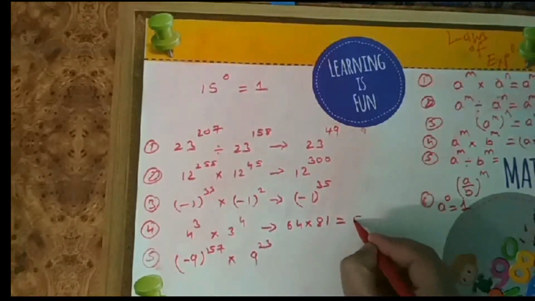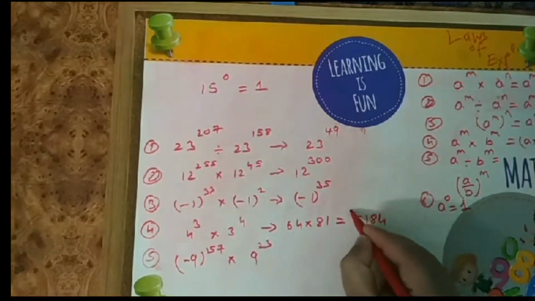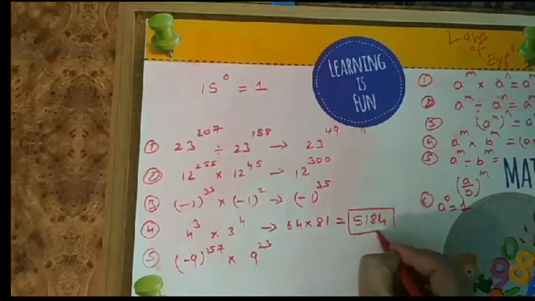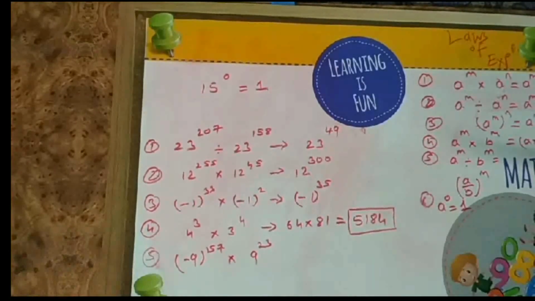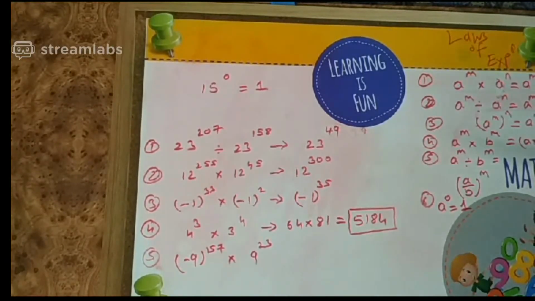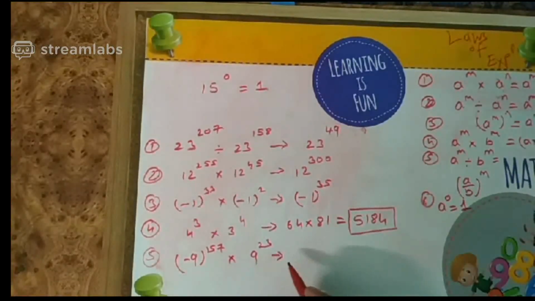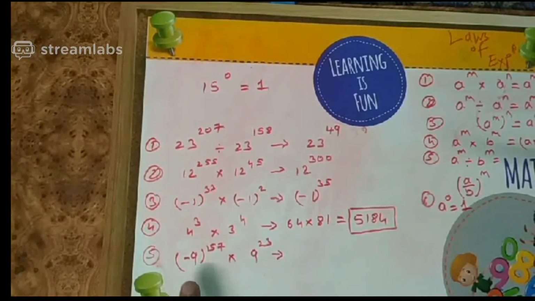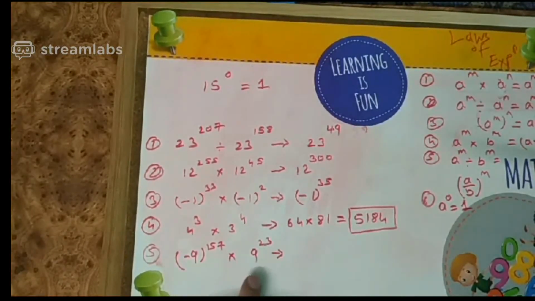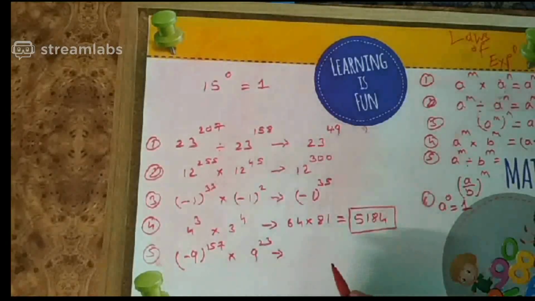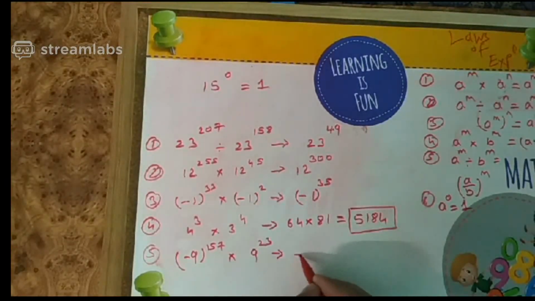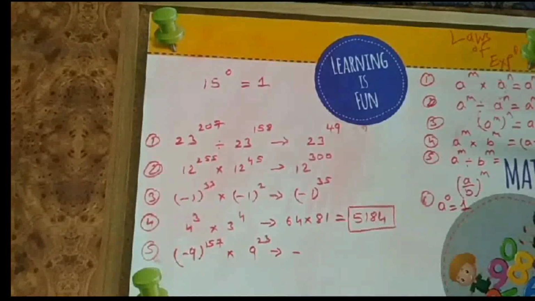For such questions where the base is different and the power is also different, simply find the values of both numbers and multiply the answers. Now in the last question, the minus sign is there in the first number and not in the second number. We will take the minus sign outside.